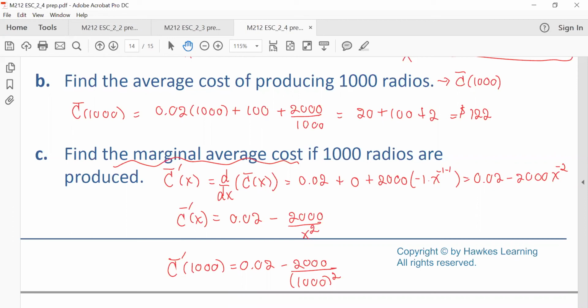And that will give us 0.02 minus 0.002, or $0.018. That means the average cost per radio is increasing, because its value here is positive, at a rate of 1.8 cents per radio when 1,000 radios are produced.